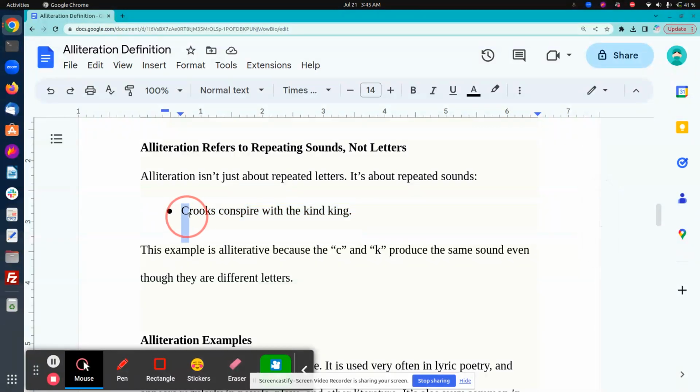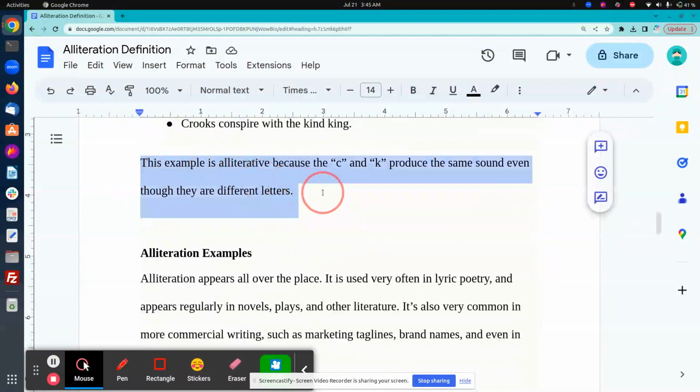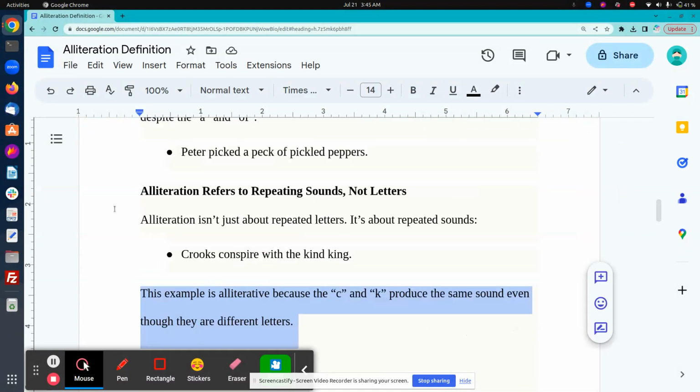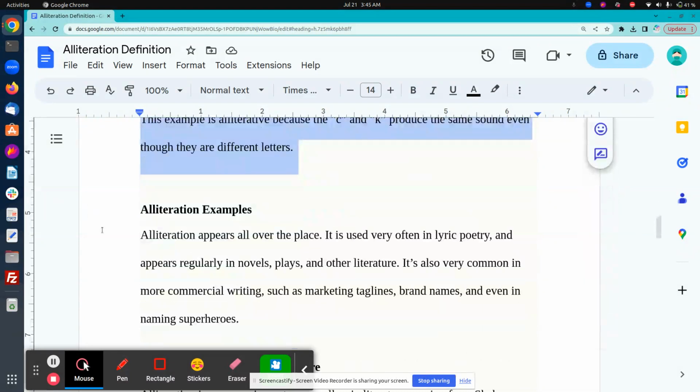K, k, k and k. Again, four times the same sound, but with different letters. This example is alliterative because the K produces the same sound even though they are different letters. I hope everything is clear to you.